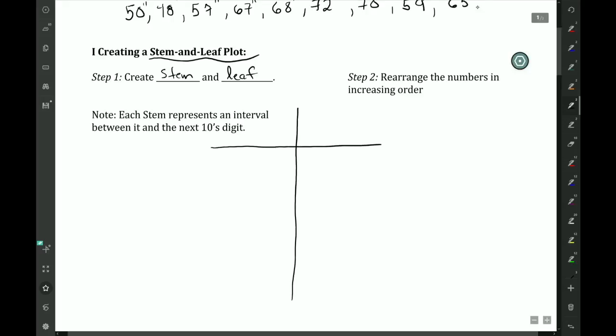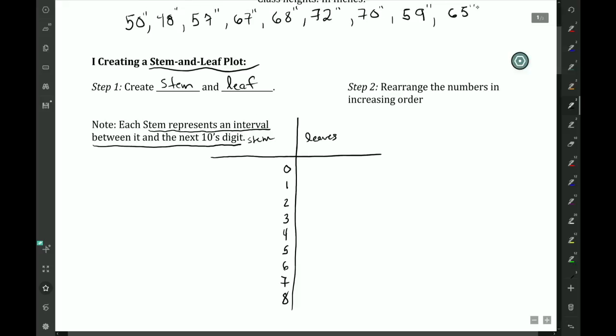So we have our stem over here, and these are the leaves. Typically each stem is going to represent an interval between it and the next 10. So our stems are going to be 0, 1, 2, 3, 4, 5, 6, 7, 8 for this example.